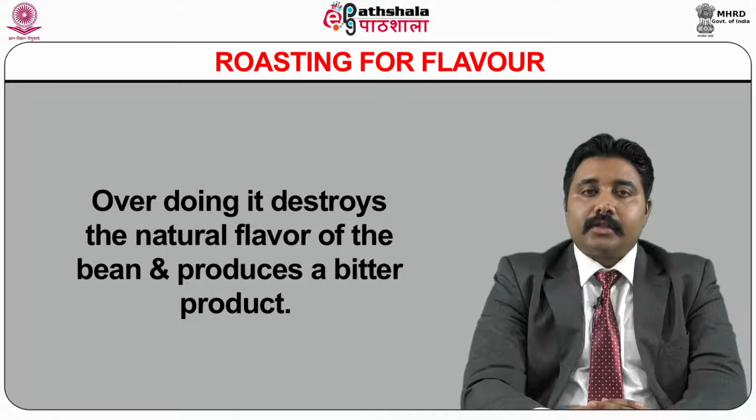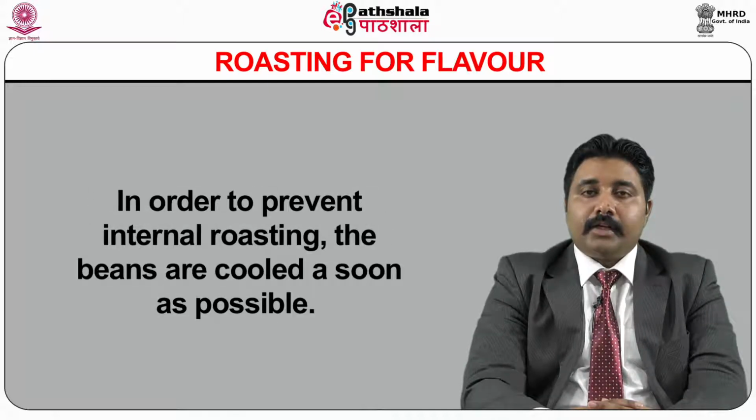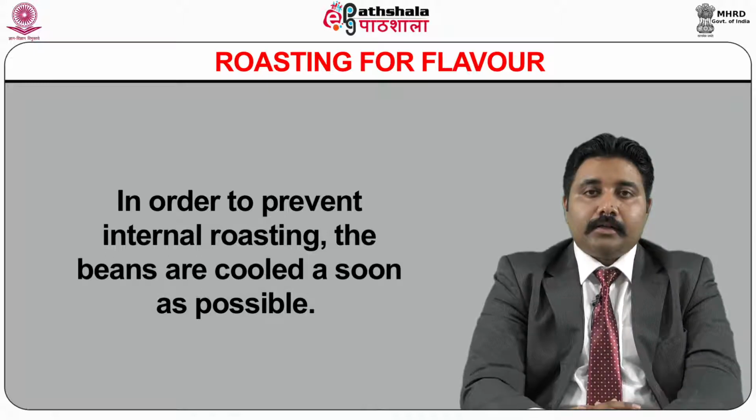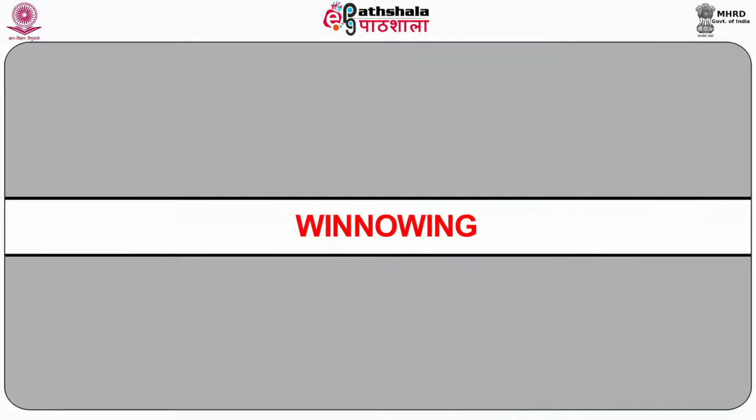Overdoing it destroys the natural flavor of the bean and produces a bitter product. In order to prevent internal roasting, the beans are cooled as soon as possible. Winnowing. The beans are passed through the husking machine, which cracks open the roasted beans and blows the lighter husk away from the heavier pieces of nib.